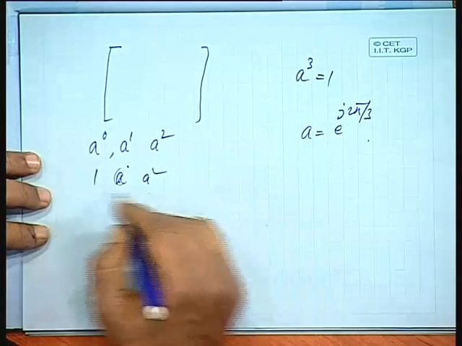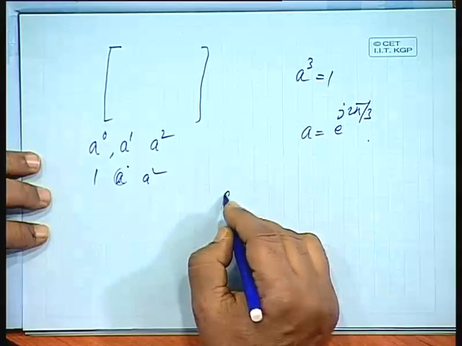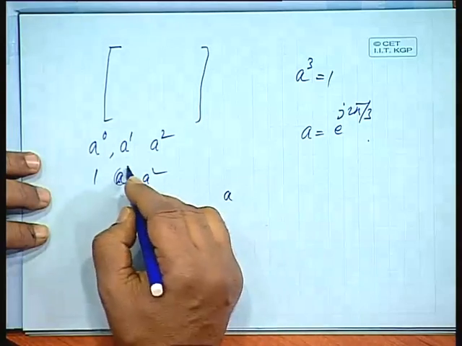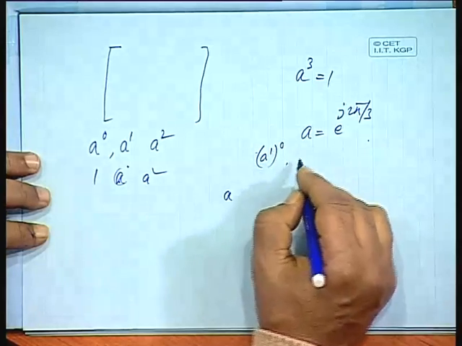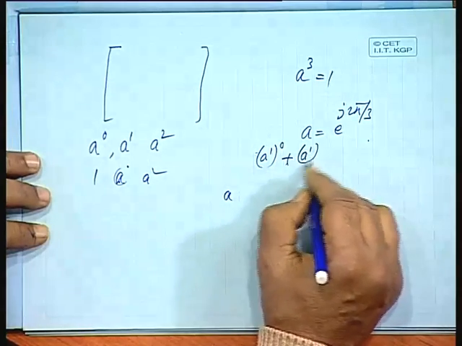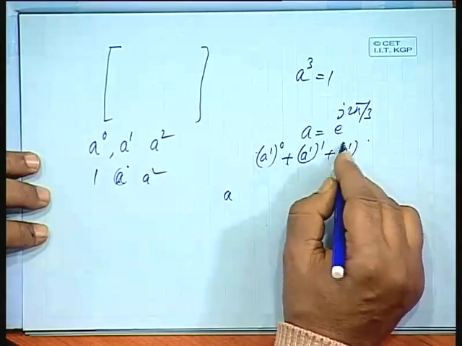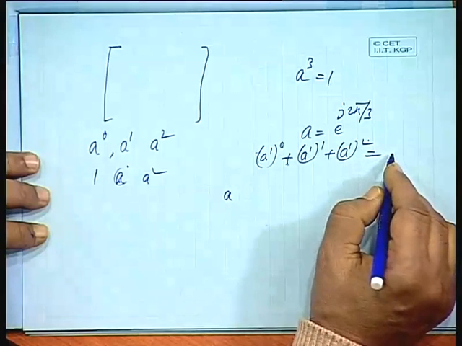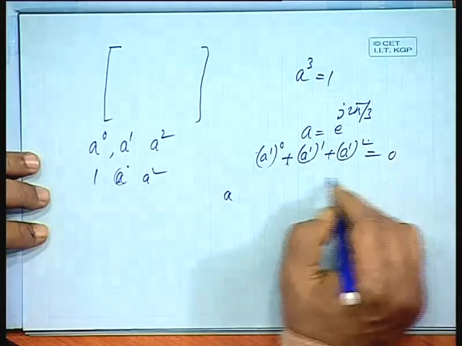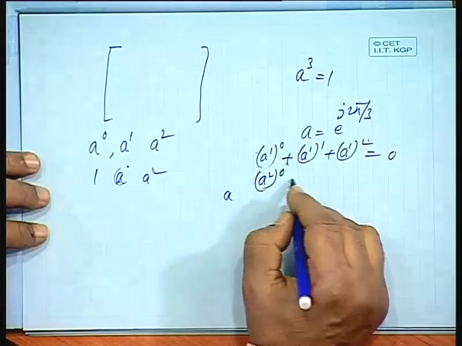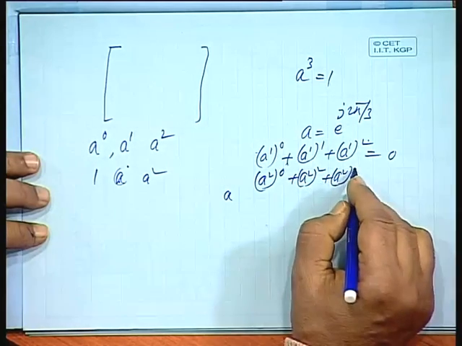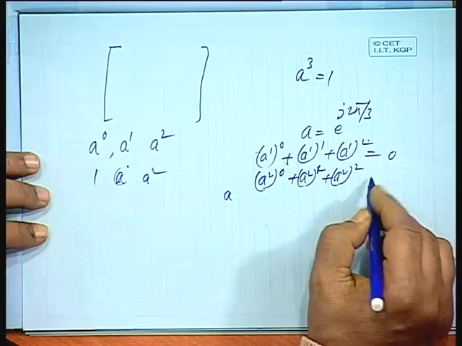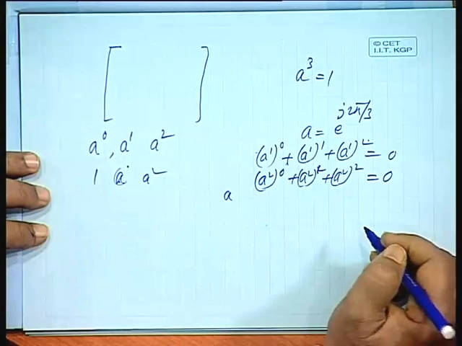Now, you take any one of them, and if you sum them together, suppose I take a basic element a1, then a1 to the power 0 plus a1 to the power 1 plus a1 to the power 2 will be equal to 0. Similarly a2 to the power 0 plus a2 to the power 1 plus a2 to the power 2 is 0.